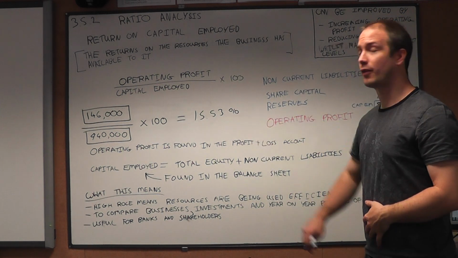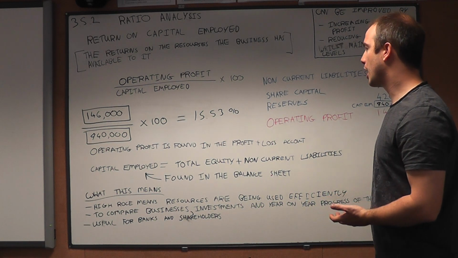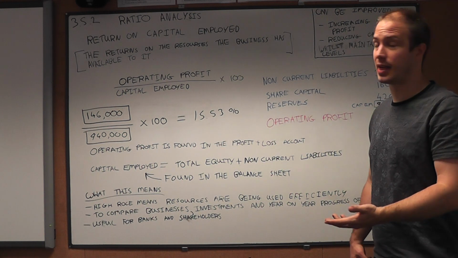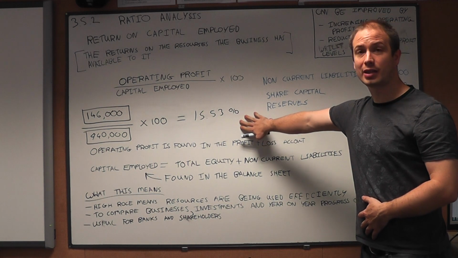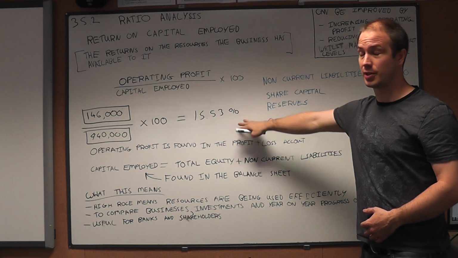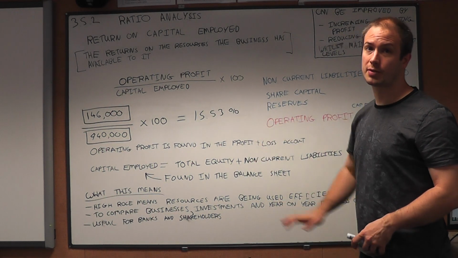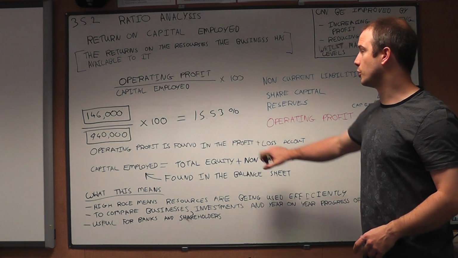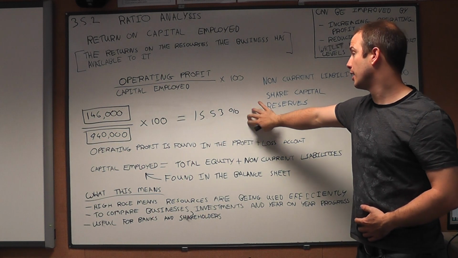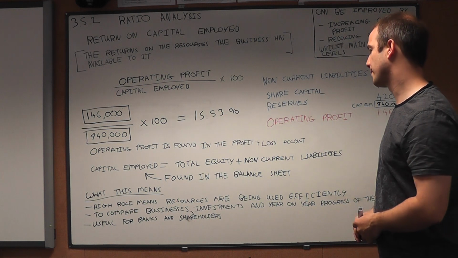So 15.53% would be very good if you compared it to perhaps your average annual ISA or savings account, which might have an interest of 1.8%. This would be a much better investment. One thing to consider though is that there is always a degree of risk when you put money into a business. So you would expect your return on capital employed to be much higher than the interest rate where your money isn't at risk.